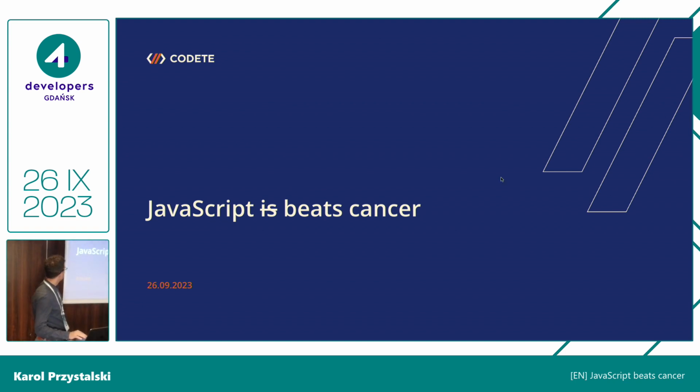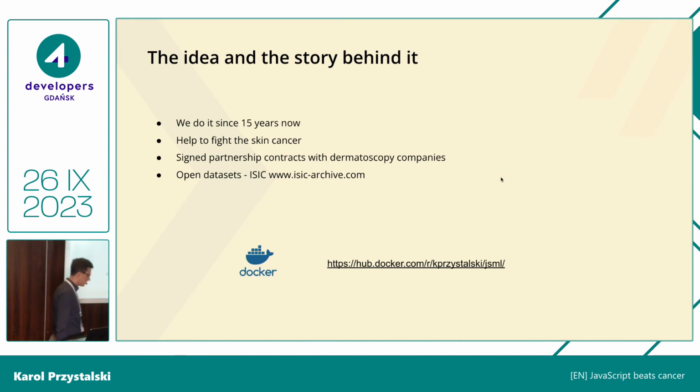So here is the mouse. So what's the story behind it? In 2007, I started my PhD studies, and I was thinking about what should be my topic, and it came out that using machine learning for some medical case would be a good idea.